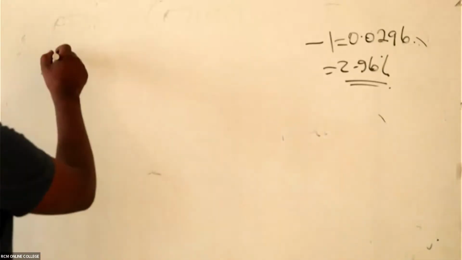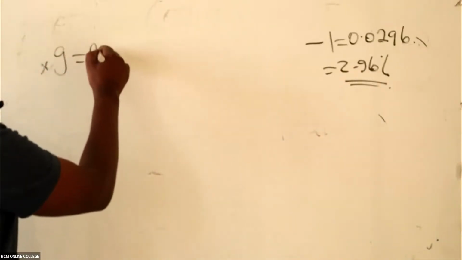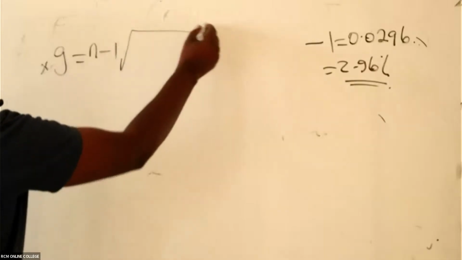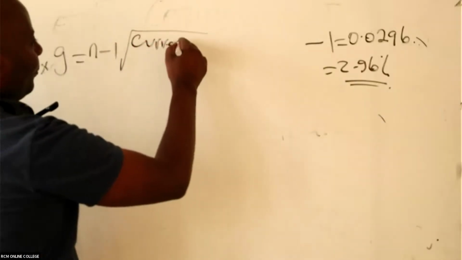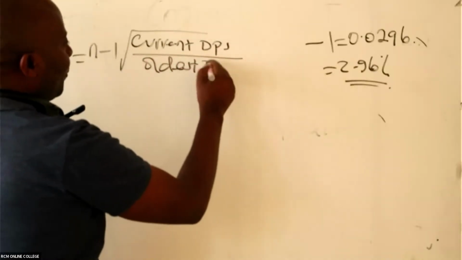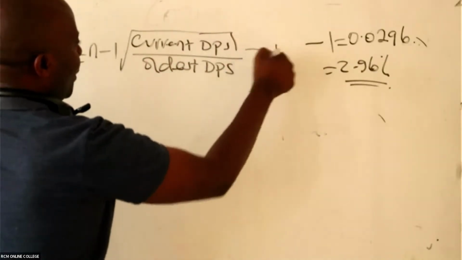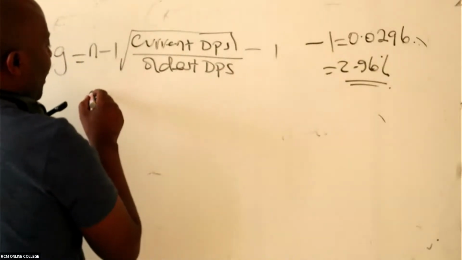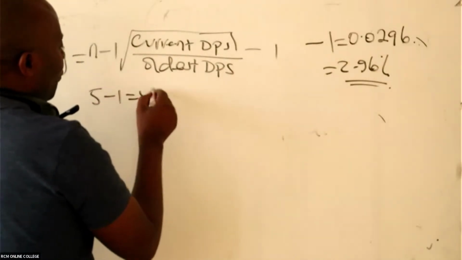Remember the formula for getting G is the n minus 1 root of current DPS over oldest DPS, and whatever we get, we take away 1. In this case we have 5 minus 1, which is 4.